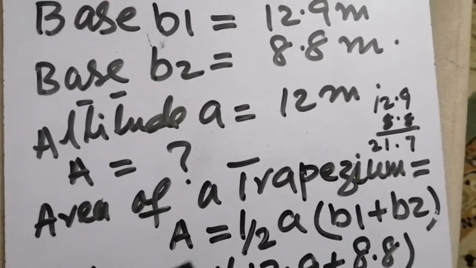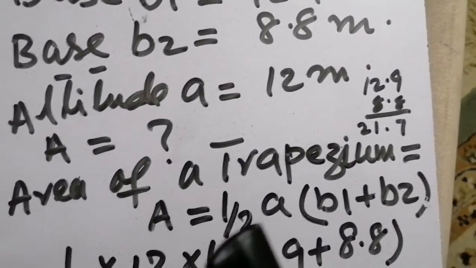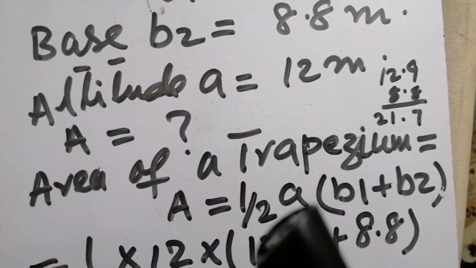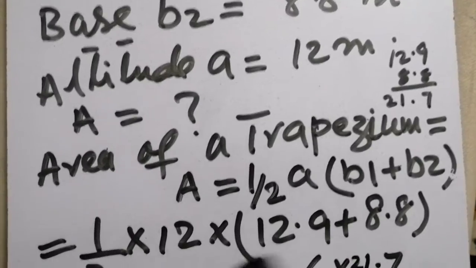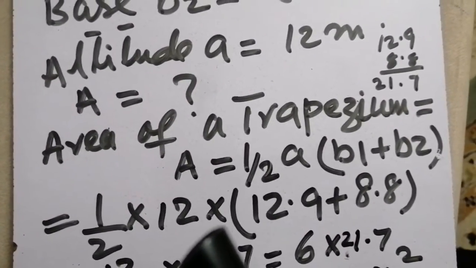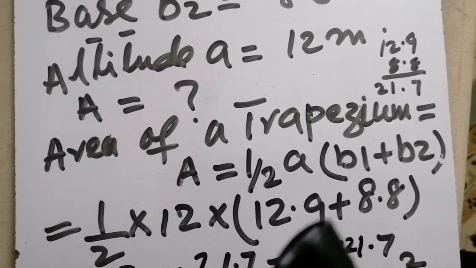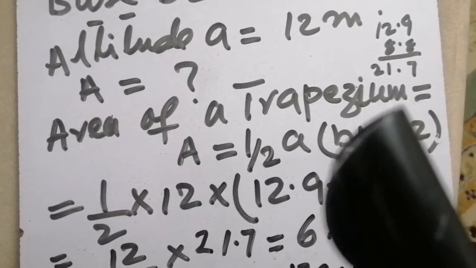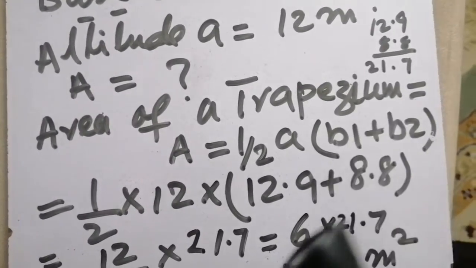We know the formula: area of a trapezium is equal to 1 by 2 altitude into base 1 plus base 2. So 1 by 2 multiplied by the altitude 12, multiplied by 12.9 plus 8.8. When we add them up, this becomes 21.7.